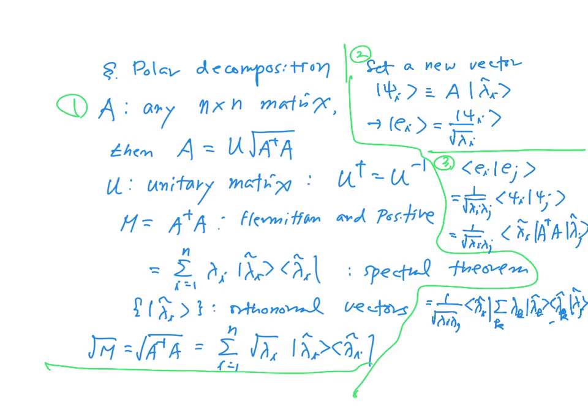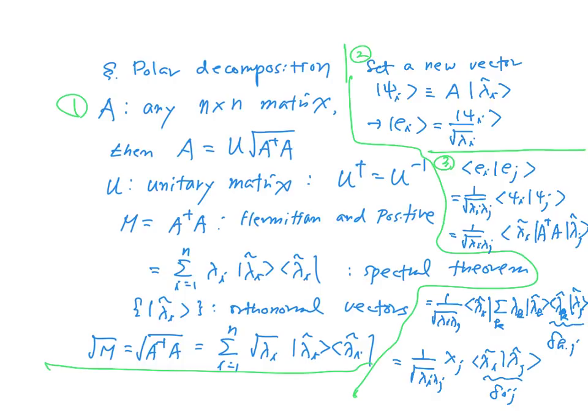So since this is delta kj, we have this square root of λ_i λ_j, and λ_j. This is again delta ij, right? So the inner product is, when i and j are different, 0.